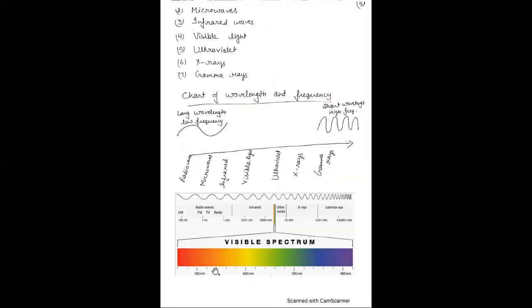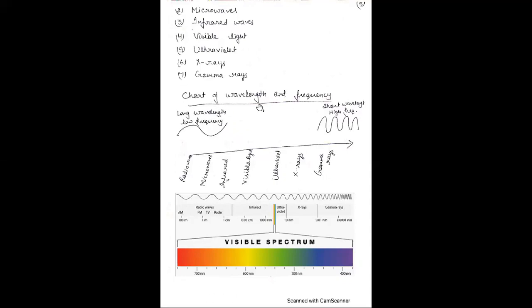First is radio waves. Second, microwaves. Third is infrared waves. Fourth, visible light. Fifth, ultraviolet rays. Sixth is X-rays. Seventh is gamma rays. Electromagnetic spectrum means it is a combination of all these waves.